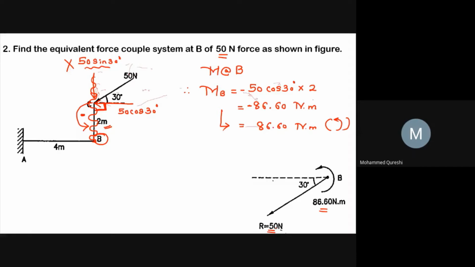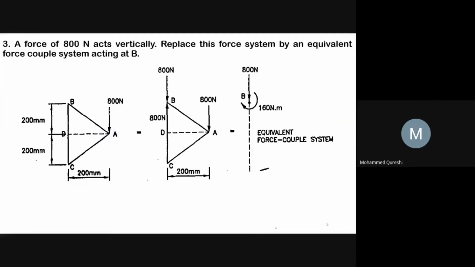Now let us move through another example. A force of 800 Newton acts vertically.